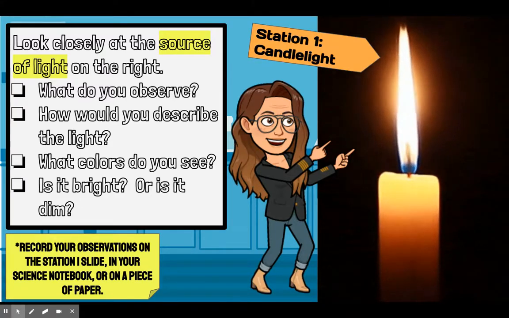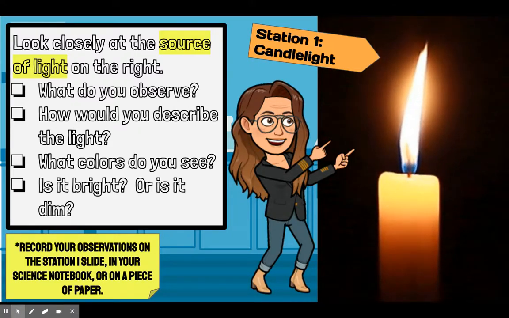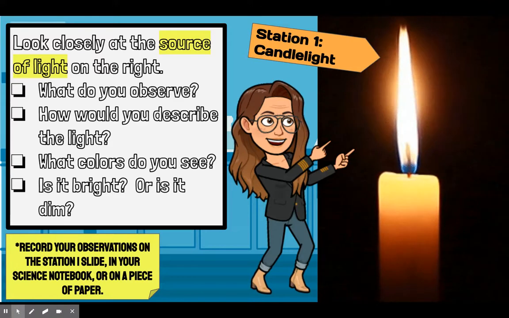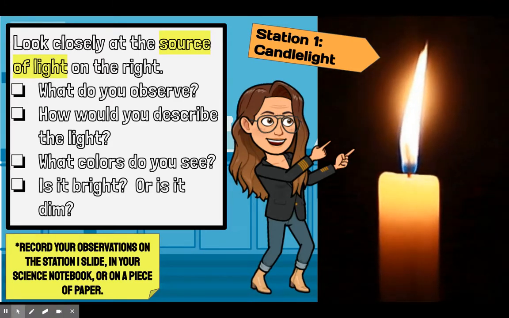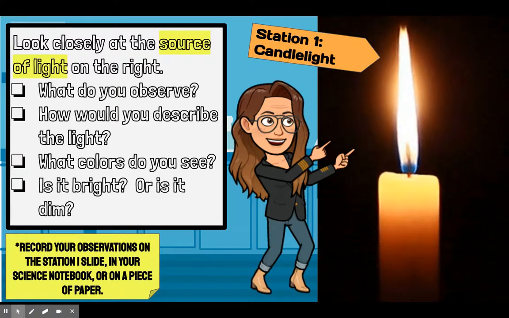And you may also look at how the light affects what's around it. So for me, I'm kind of noticing the top of the candle looks like it's glowing. It's interesting. I'm wondering why that happens. And the last question I want you to ask yourself is, how are we even able to see this light?